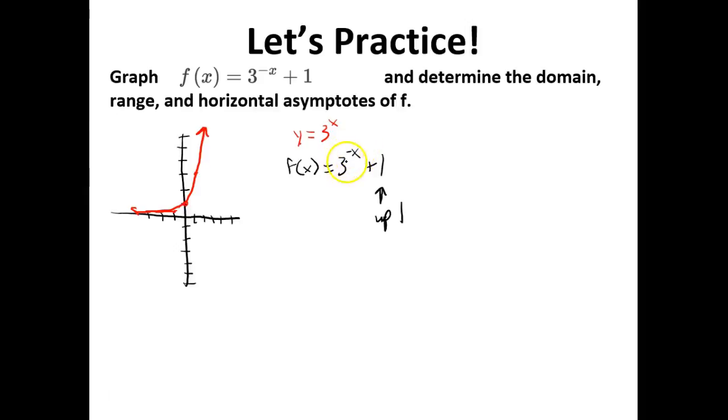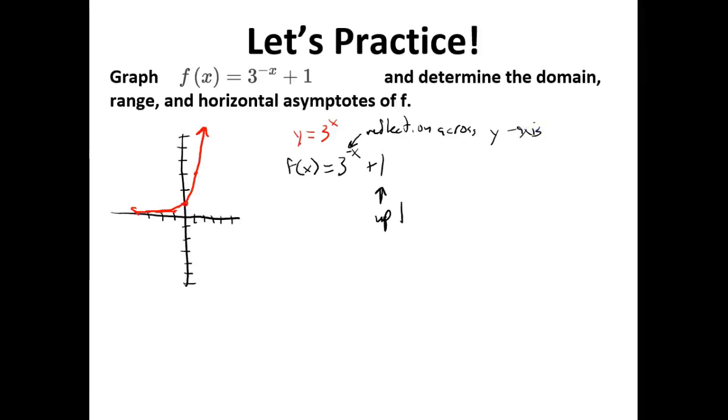Everything else is the same, except there's a minus in front of the x. That minus changes the x's, or reflects it. So this is a reflection across the y-axis. And again, that's coming from section 3.5.